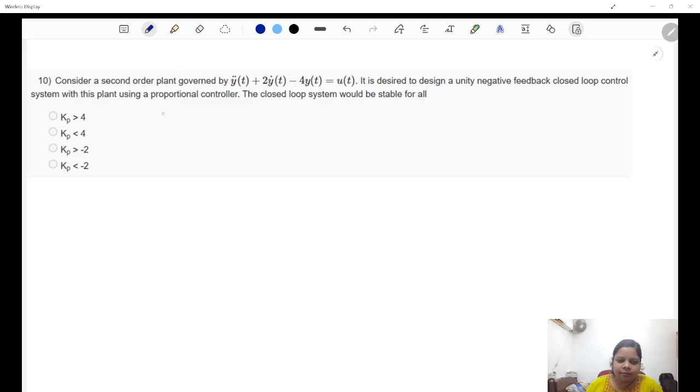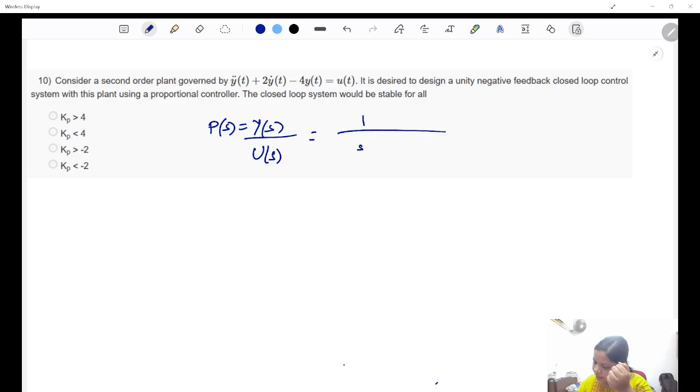So let's first find out what is the transfer function of the system. Your Ps would be 1 upon s square plus 2s minus 4, right? This is your plant transfer function.